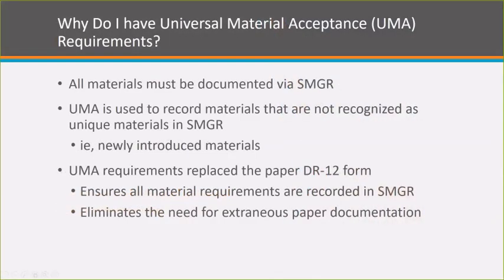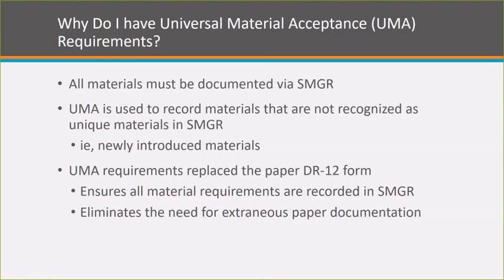The first question that you might have is, why do you have universal material acceptance requirements? Otherwise, we call this UMA. We are at a place in Site Manager and eventually AASHTOWare where all of the material requirements are going to be documented within the system. We're trying to keep all of that information confined into the system rather than having materials documented outside of Site Manager.